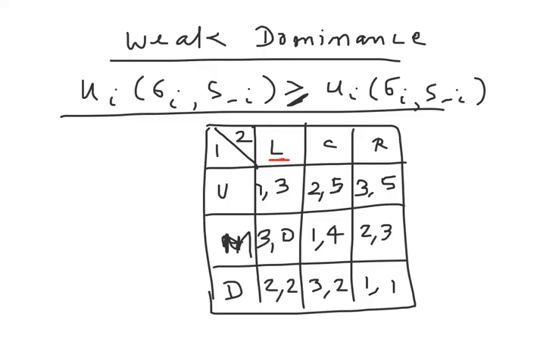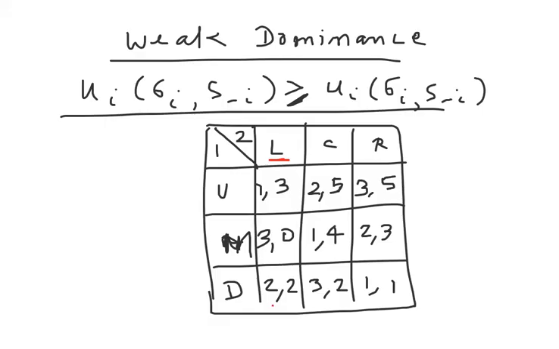There's a tie between C and L here, but R is inferior. So you can say L is strictly dominated by either C or R.